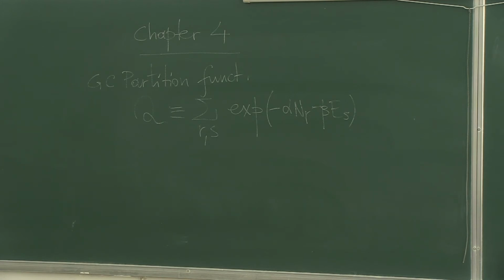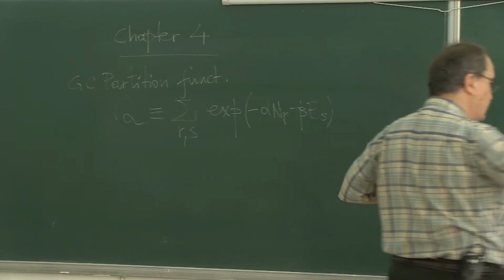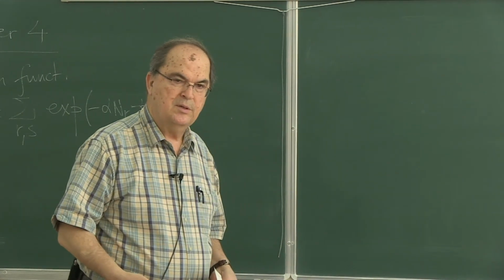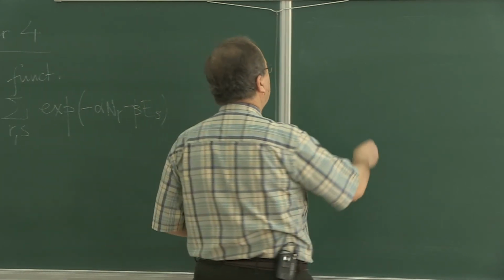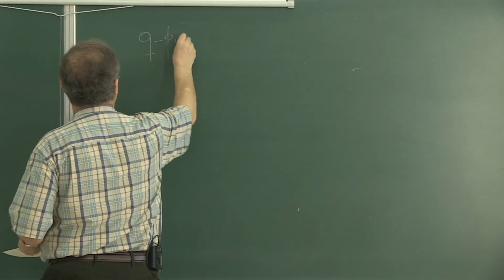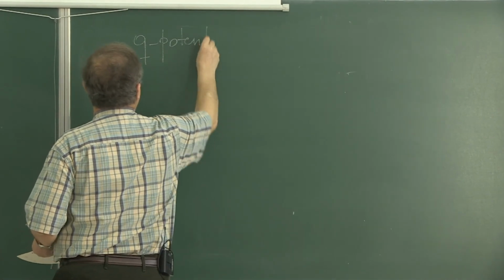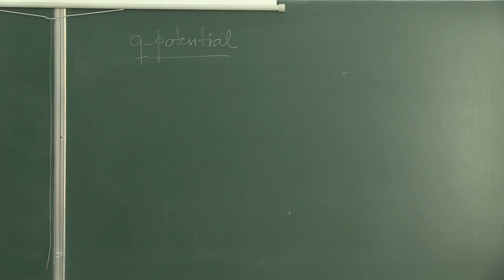In some books, this is omega, the grand free energy, but in your book, Pathria, it is the Q potential, whose derivatives will give us the thermodynamics. The Q potential is defined as follows.